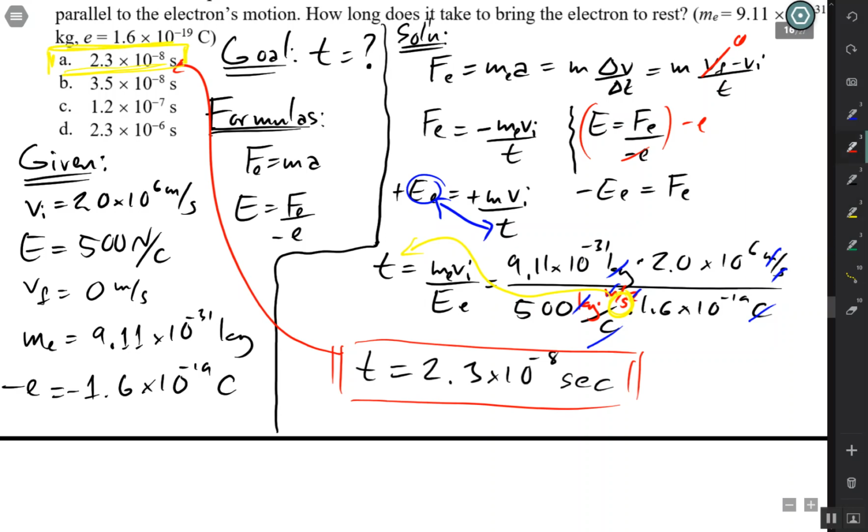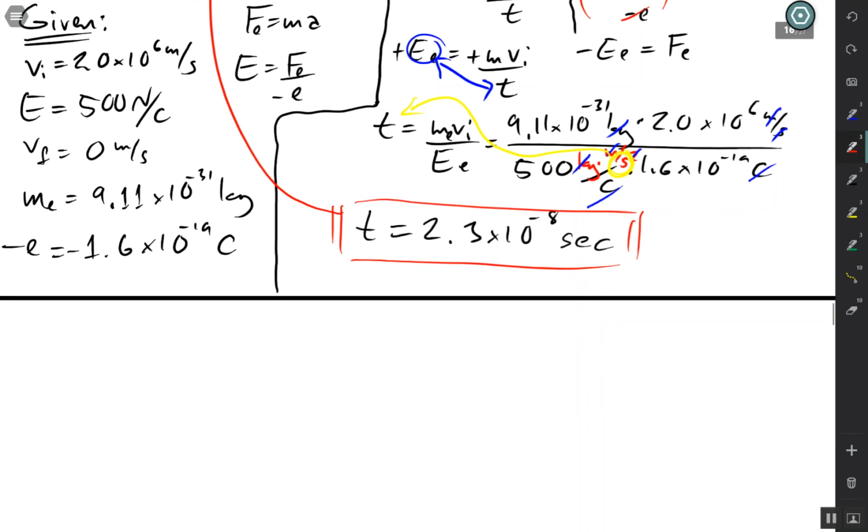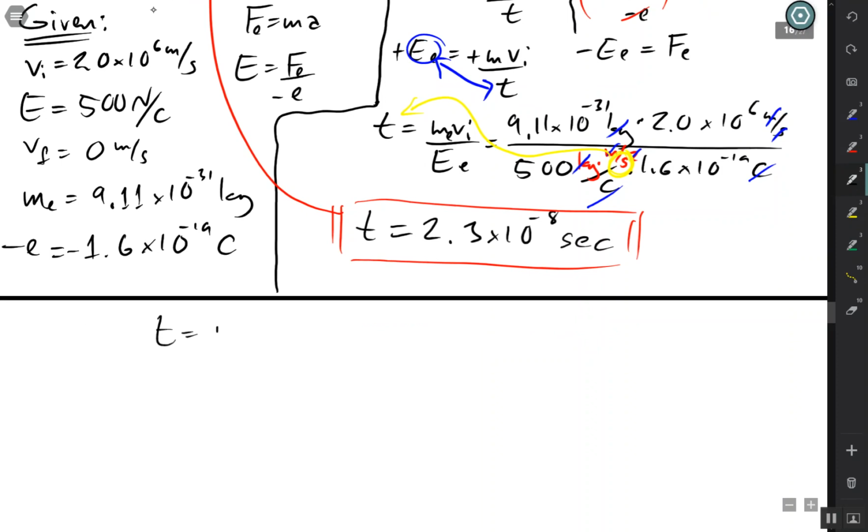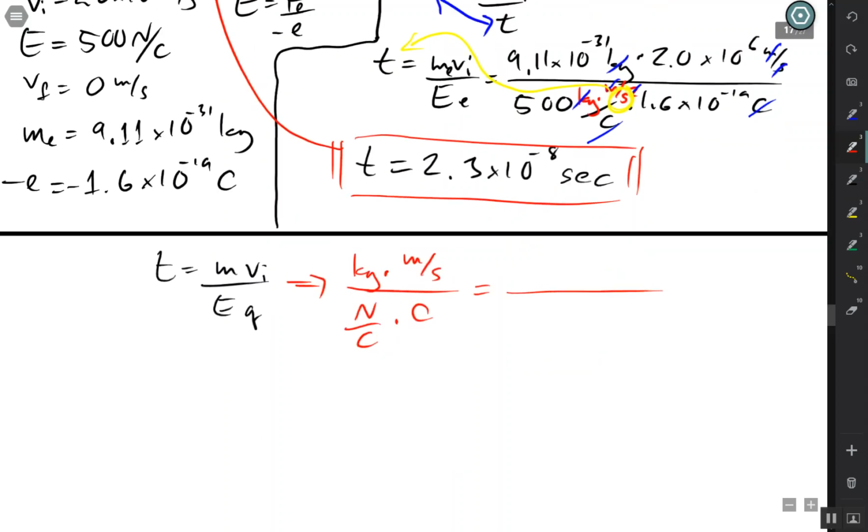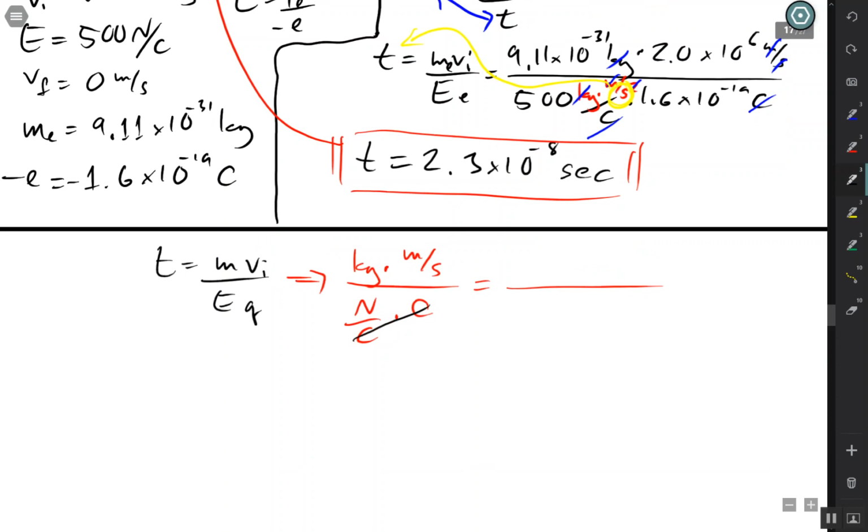Okay, so let's do that units thing really quick again. Let's write down the formula we had. Mass, VI, electric field, essentially that was a charge. Okay, for mass, I get units of kilograms, scientific unit. Velocity was meters per second. Electric field was Newton over coulomb times Q, which is a unit of coulomb. Okay, so I'm going to keep that there. Well, I can already cancel out the coulomb.